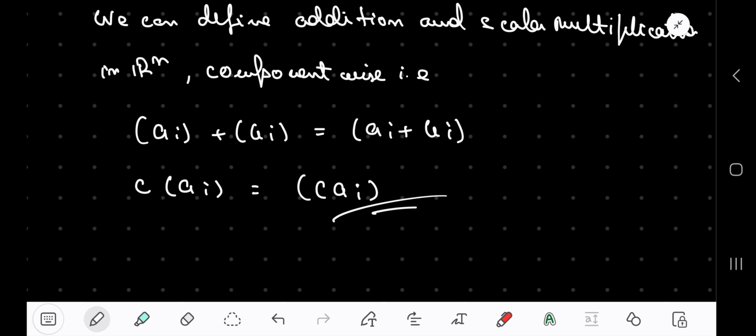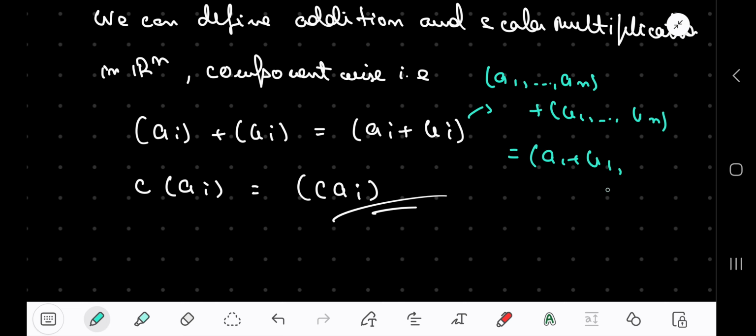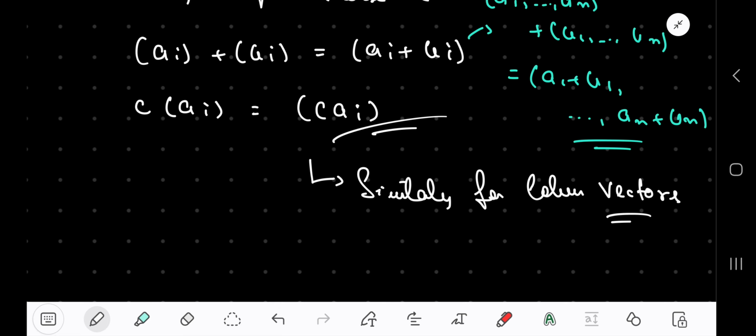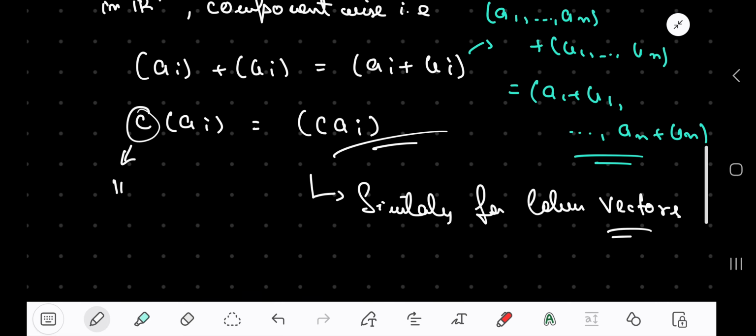I guess this notation is clear, so let me use it once and I won't use it anymore. If I have a1 till an and I add b1 till bn, I will get a1 plus b1 continuing till an plus bn. A similar definition can be applied for column vectors as well. We are working over Rn, so the scalar typically comes from R.